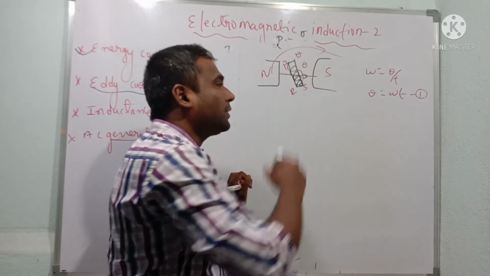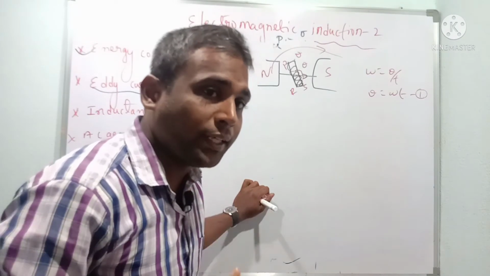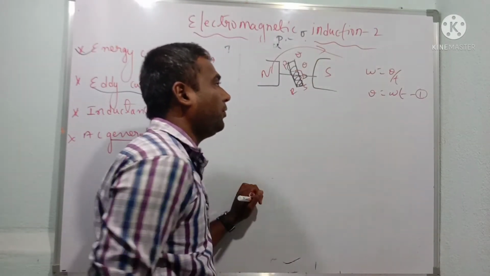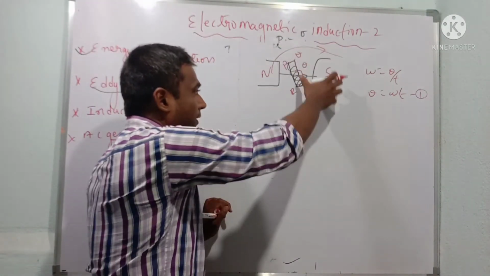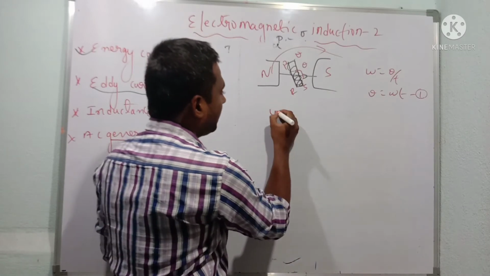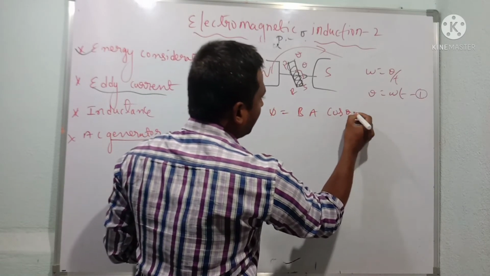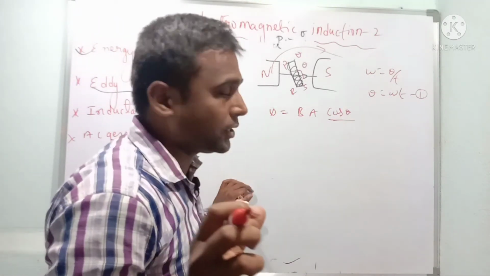When there is interaction between the magnetic field and the conductor, it is going to generate EMF, and then it is going to experience a mechanical force. Now the magnetic flux in this generator is given by phi is equal to B A cos theta. We have taken the resolution of the horizontal component.